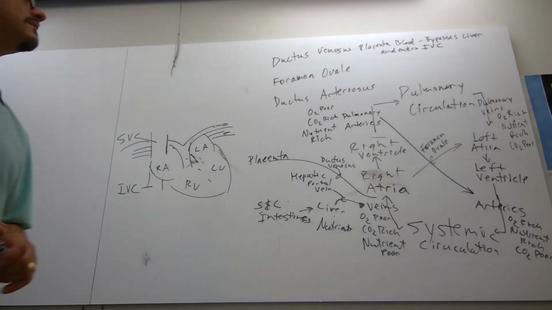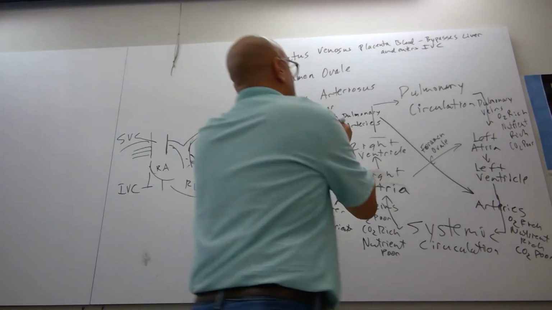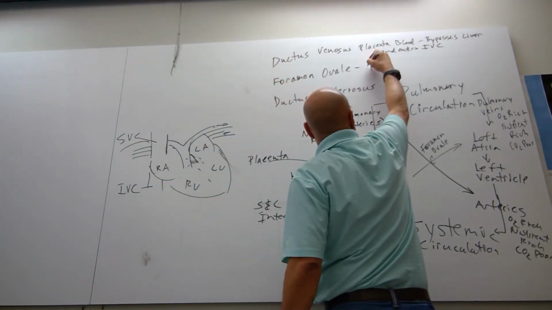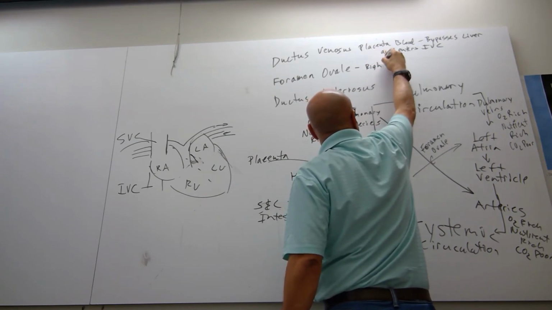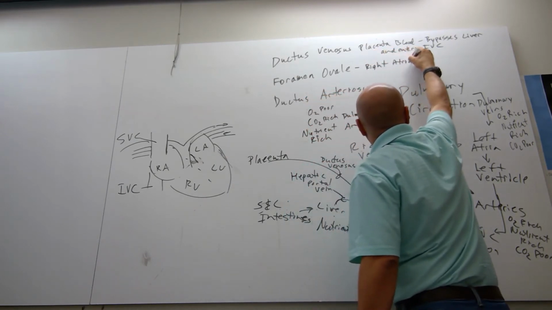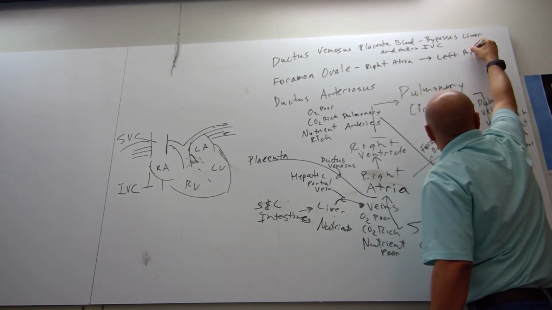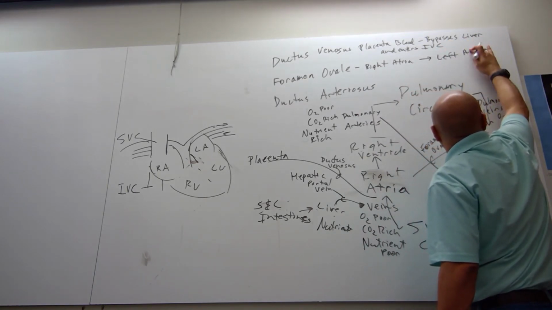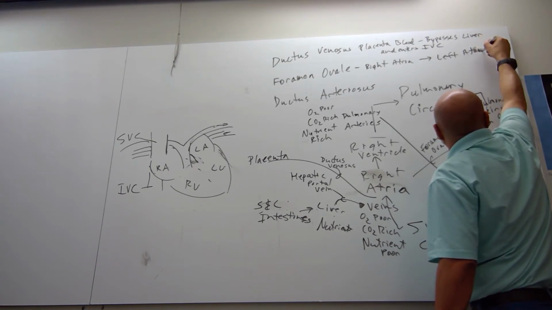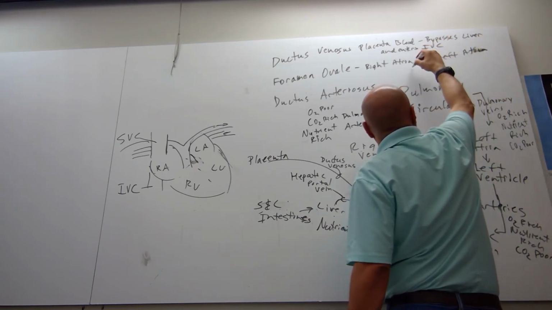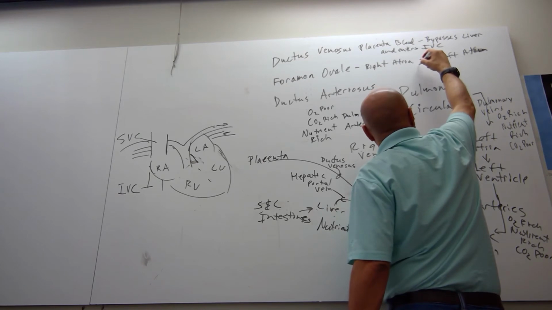The foramen ovale, well, that will be right atria to left atria. And this bypasses the lungs.